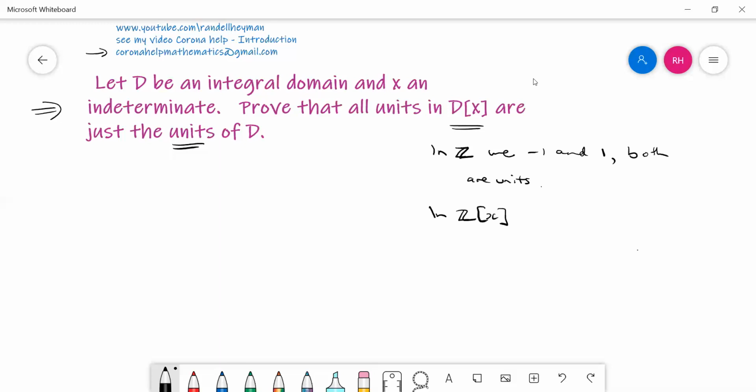So in Z[x], we have f(x) equals -1 and f(x) equals 1, both of which are divisors of the multiplicative identity, the unity in Z[x], which is 1. If you like, you can think of this -1 as -1 plus 0x plus 0x squared plus and so on. This just shows you that it is in fact a polynomial. It's a constant polynomial.